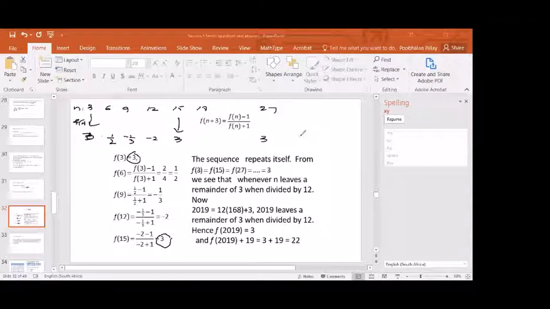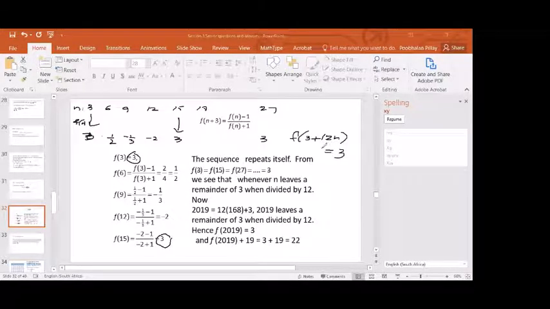So what we are saying here is f of 3 plus 12 times a number is always going to be equal to 3. Because you're adding 12 each time. 3 plus 12 plus 12, that's your 27. The two 12s. So this is always going to be equal to 3.